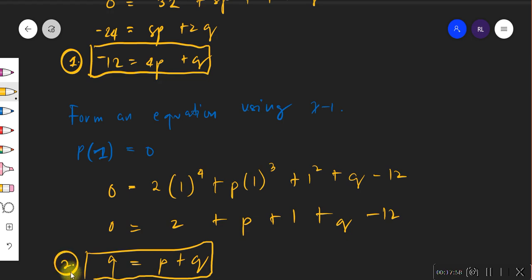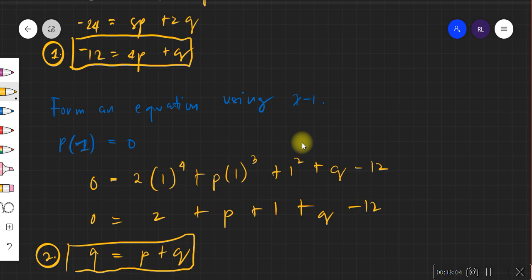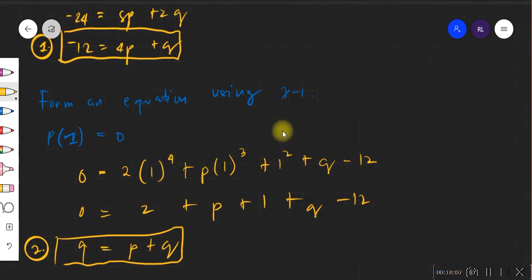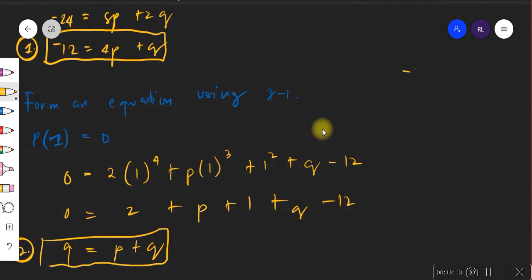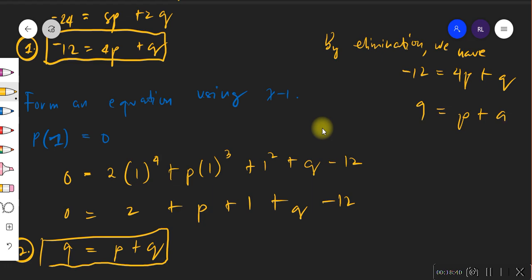So this is our second equation. Okay. So we are going to solve the two equations simultaneously using elimination or substitution. But looking at q and q, we can eliminate it directly. So by elimination, we have negative 12 equals 4p plus q, and 9 equals p plus q.